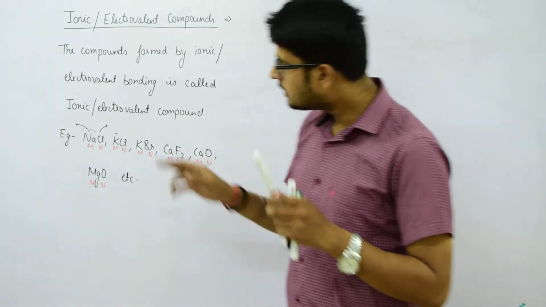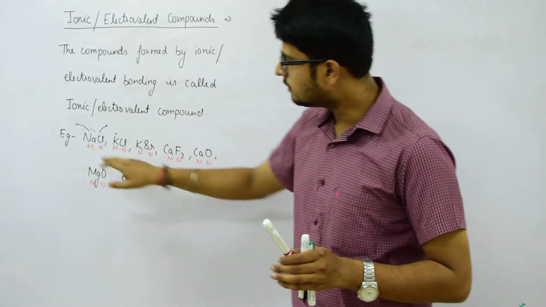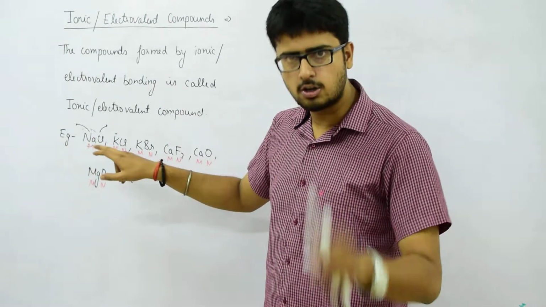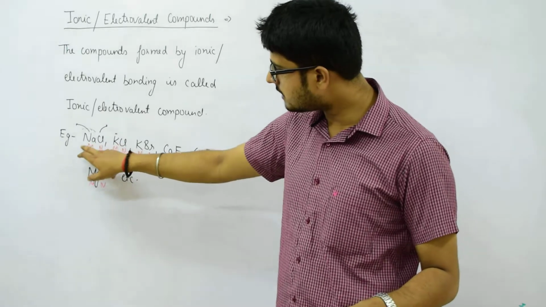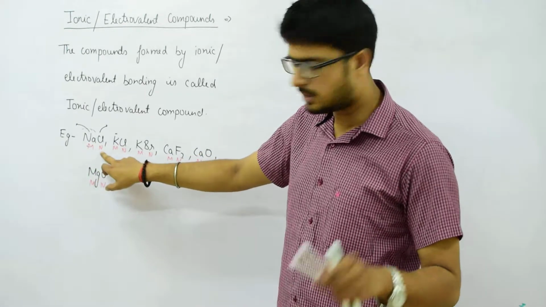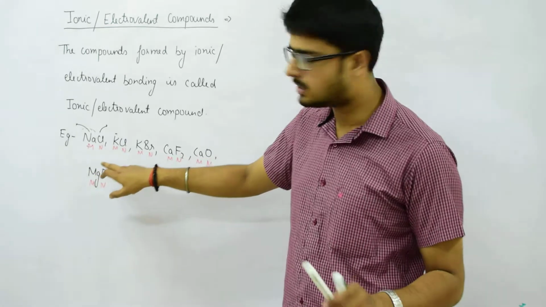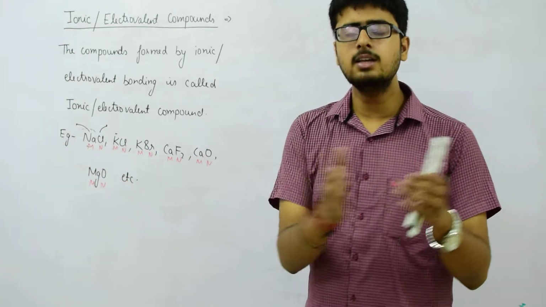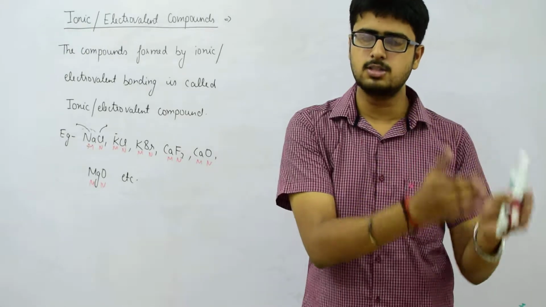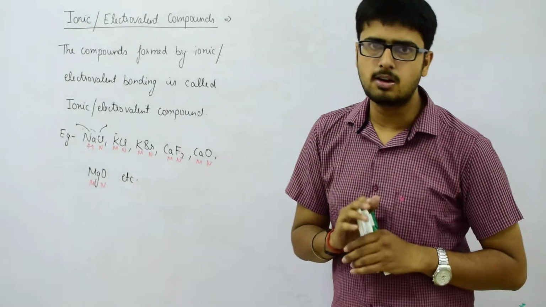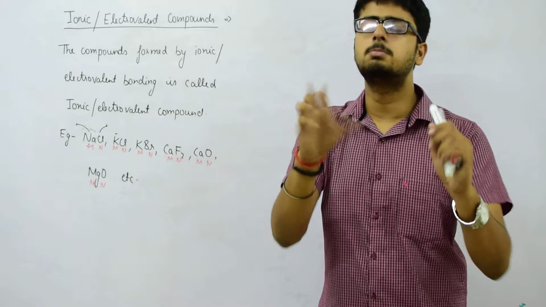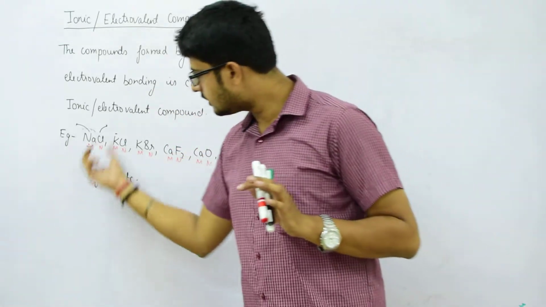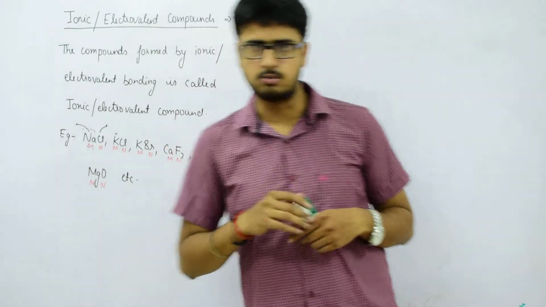The first atom has to be a metal and the second atom has to be a non-metal. In NaCl, sodium is a metal and chlorine is a non-metal; potassium is a metal and chlorine is a non-metal. Whenever we have this combination, it will always be an electrovalent or ionic compound. So here are some examples of ionic or electrovalent compounds.